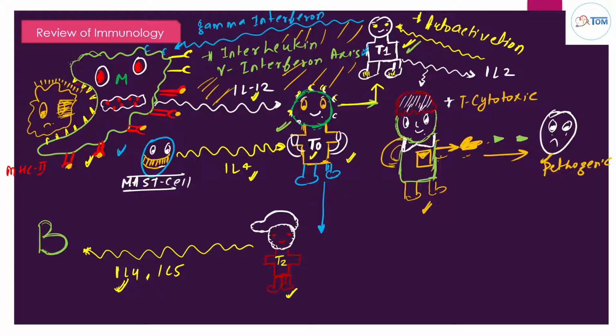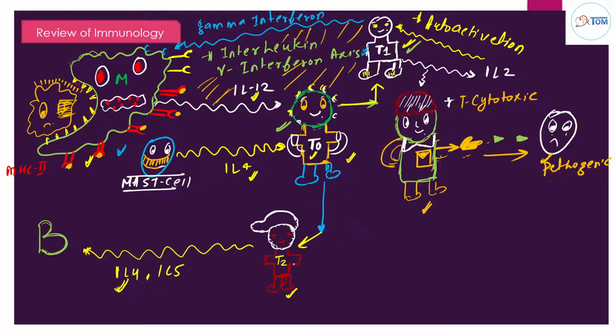This T helper 2 cell makes more T helper 2 cells by activating T0 cells. I hope I made myself clear. Because the T helper 2 cell itself releases IL-4, which also acts on the T0 cell, a greater number of T0 cells get activated along the T helper 2 pathway.